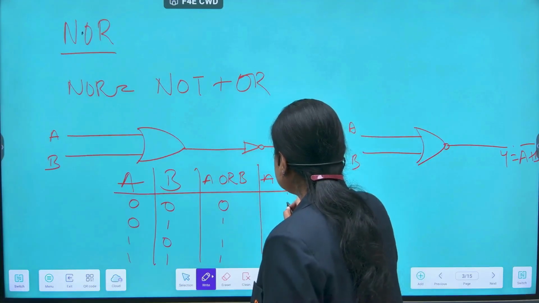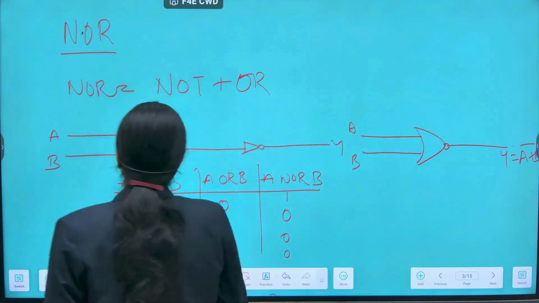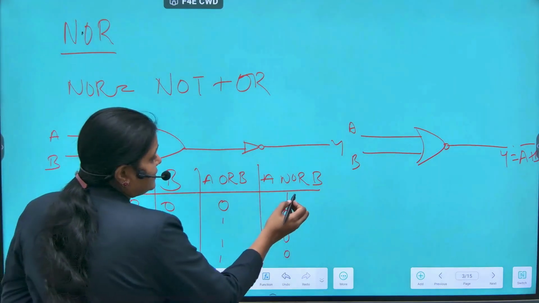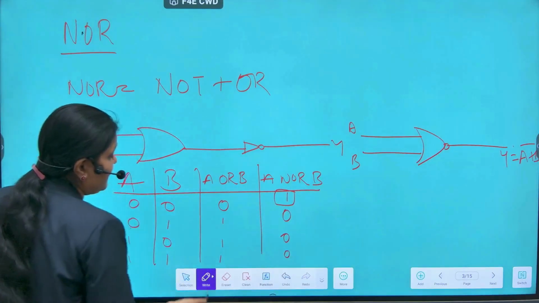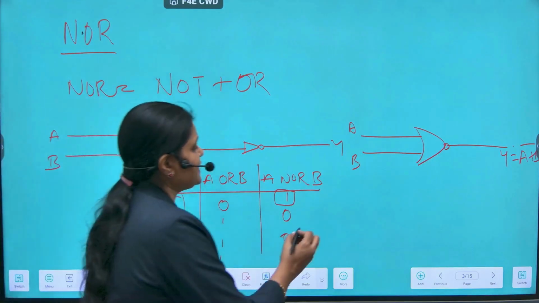We get 1 0 0 0. So we can conclude about the NOR gate that the output is high if and only if both the inputs are low.